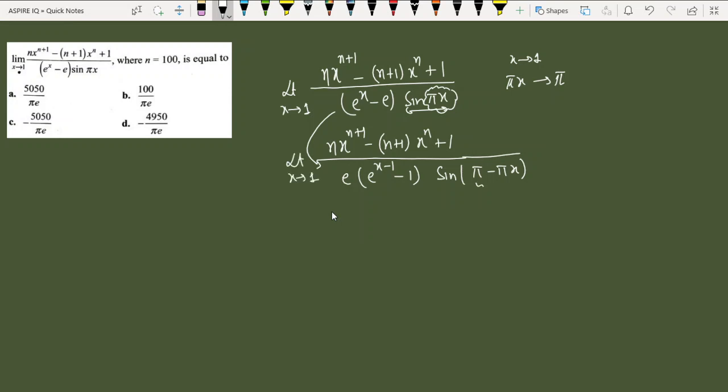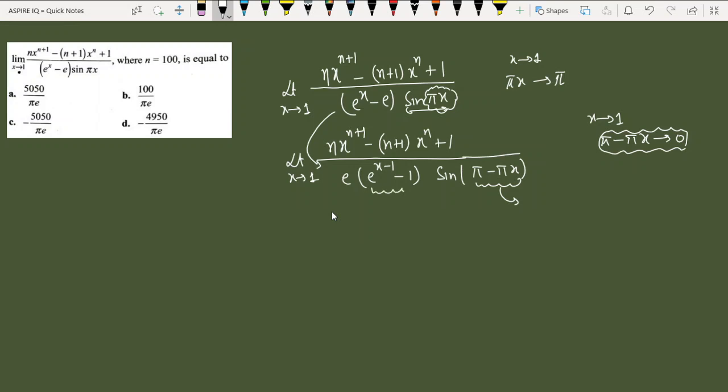So that as x tends to 1, π − πx tends to 0. To make the argument of sine 0, I subtract it from π.